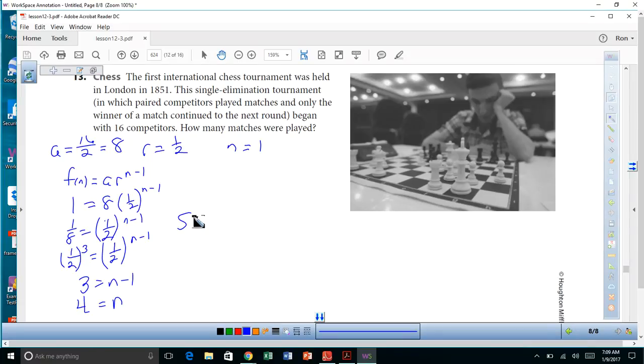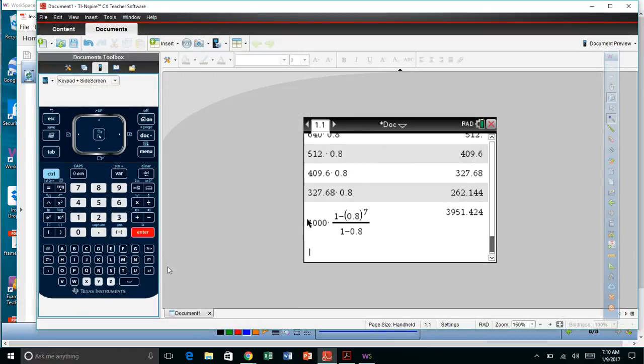So S of 4 equals 8 times 1 minus 1/2 to the fourth over 1 minus 1/2. And let's put that in the calculator.